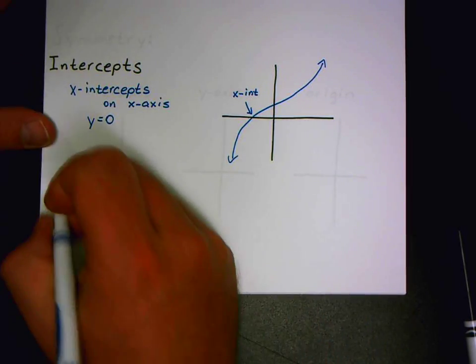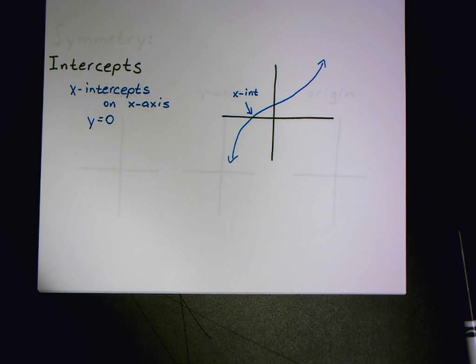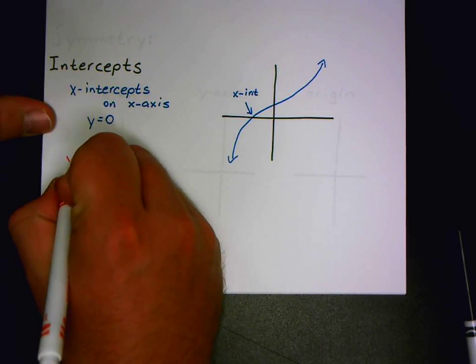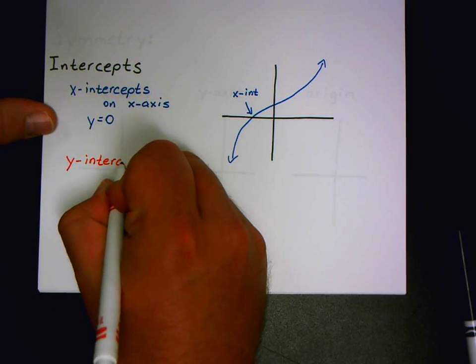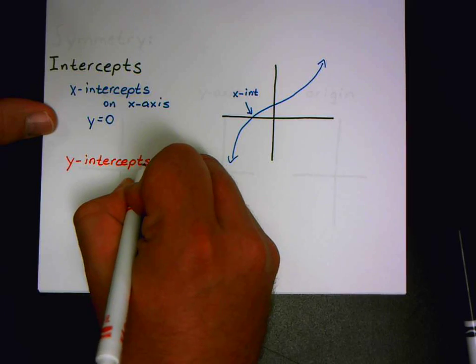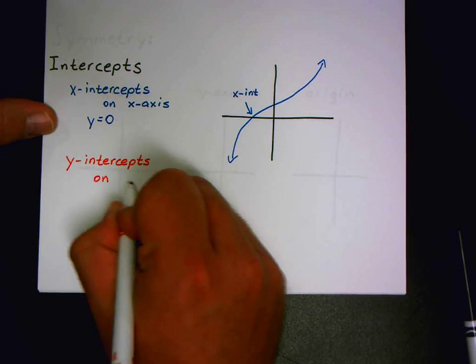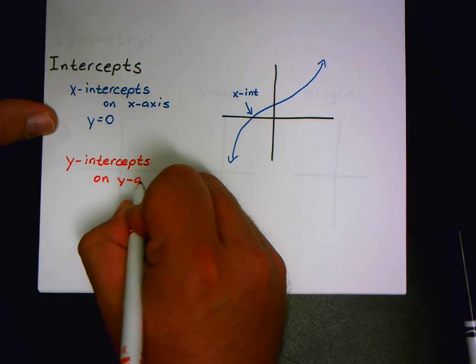So likewise with the y-intercepts, they're on the y-axis, and x will equal 0.